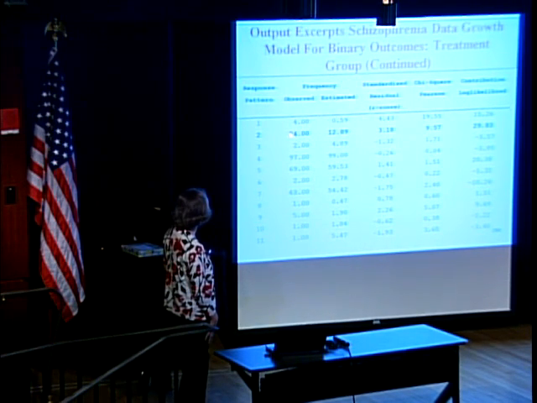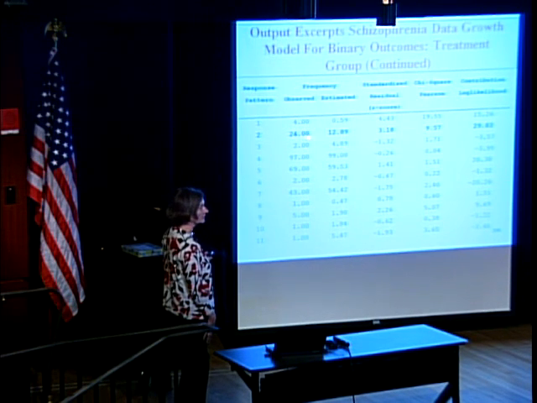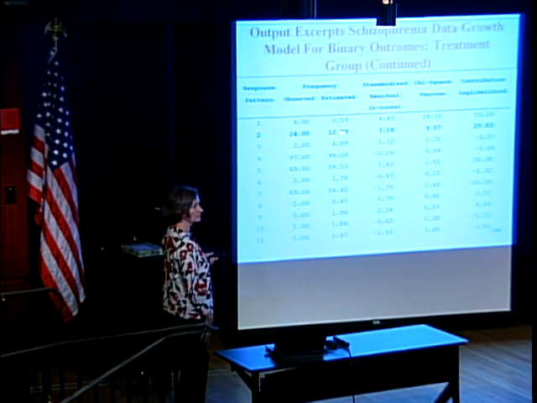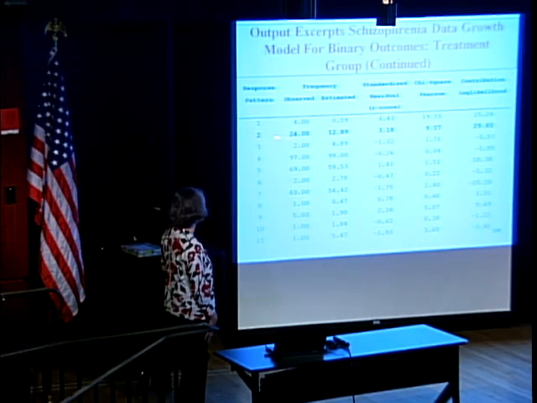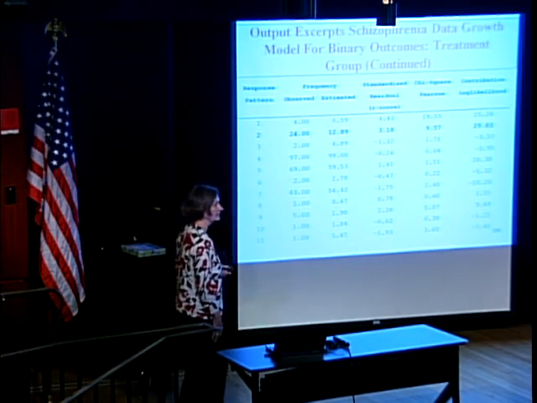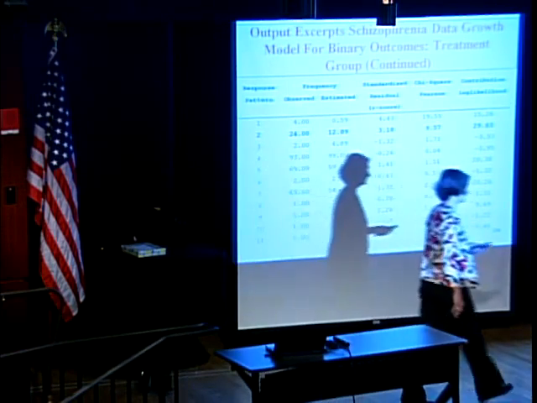So 24 people had 1, 0, 0, 0. But the model, as specified, estimated that only 13 people had that pattern. So here is misfit, and we want to understand that misfit. And so I'll show you how TECH10 can help us understand that.